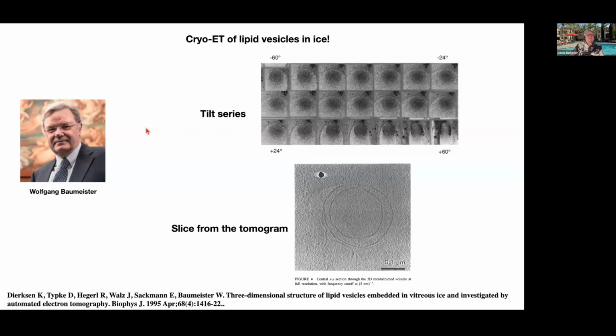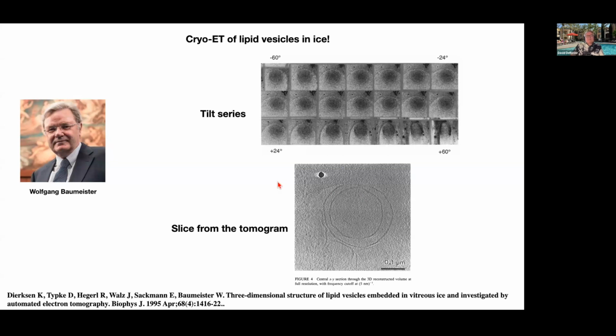But Wolfgang Baumeister showed that you could indeed collect a tilt series by constraining the dose, and you could generate a three-dimensional structure, a three-dimensional tomogram of your structure. And here is a slice. He used just lipid vesicles to show that it was possible. And I must say, it was quite stunning when he showed that.